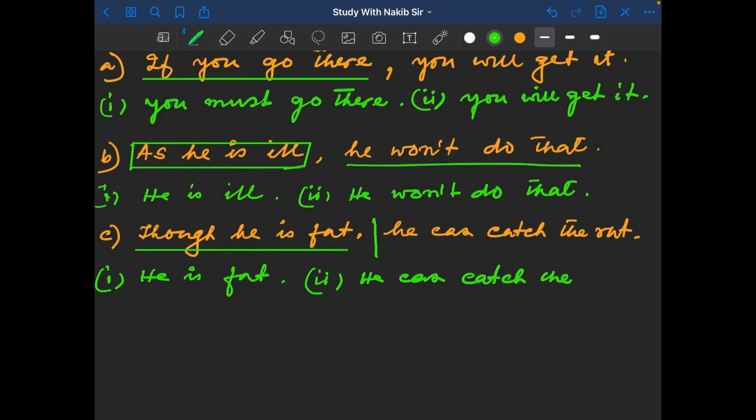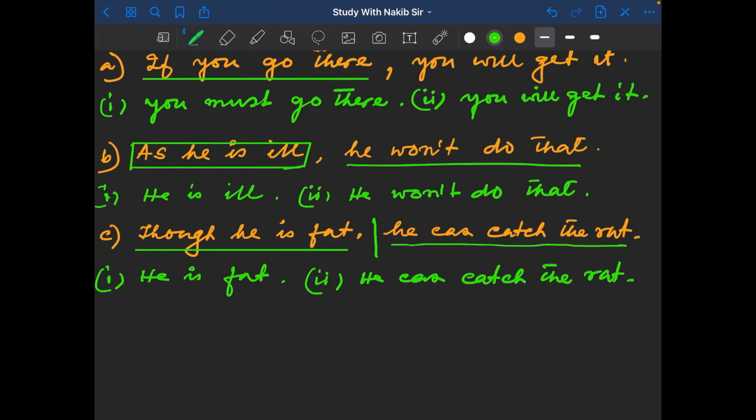Okay, so from the sentence, though he is fat, he can catch the rat, we have got two small sentences. The first one, he is fat, from the adverb clause, though he is fat, and the second one, he can catch the rat, is from the principal clause, he can catch the rat.